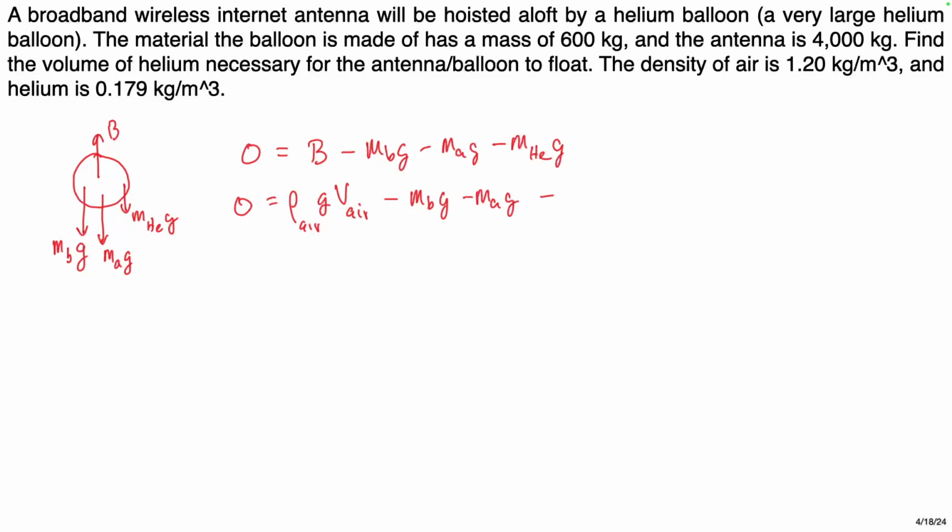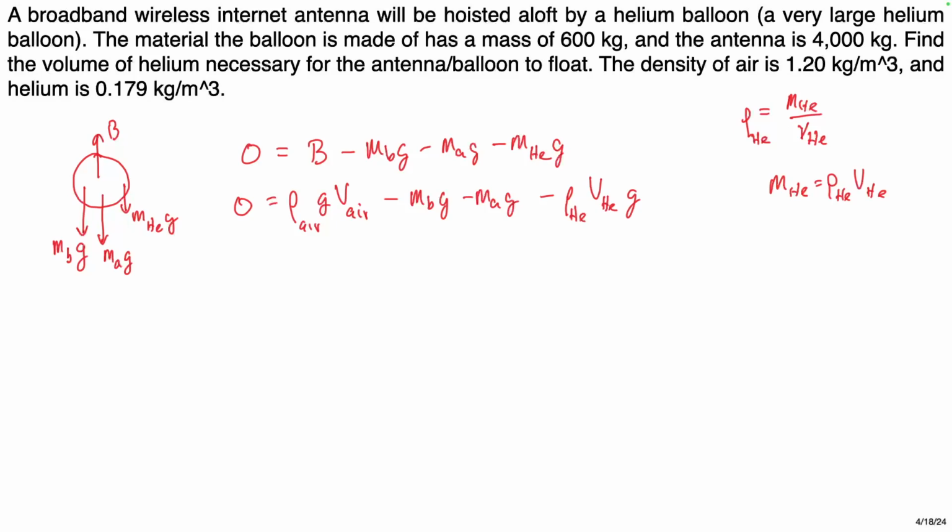Density! So the density of helium will be mass of helium divided by volume of helium, which means that mass of helium can be written as density of helium times volume of helium. All right, so let's get that in there. Density of helium, volume of helium, times g.